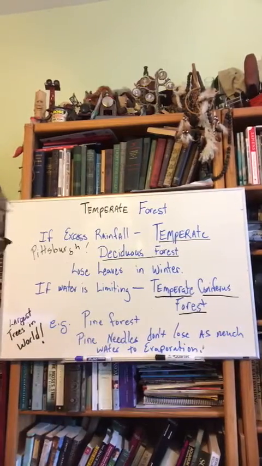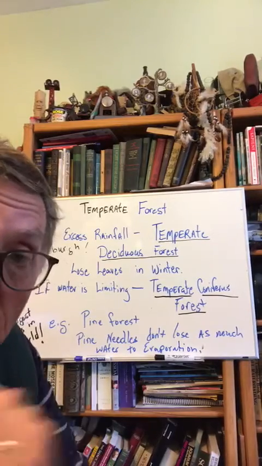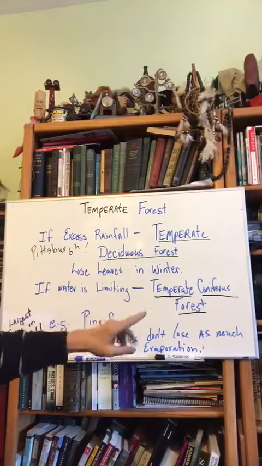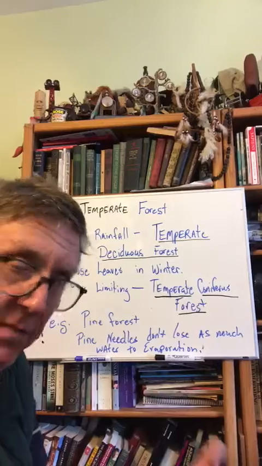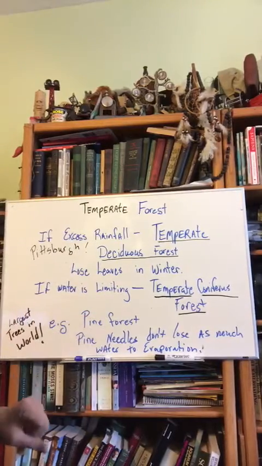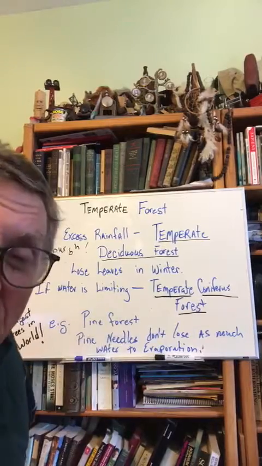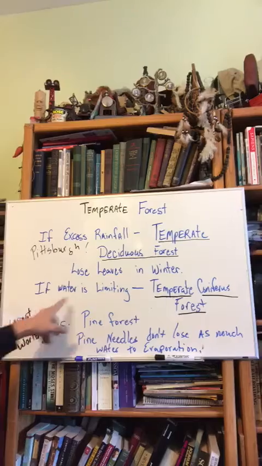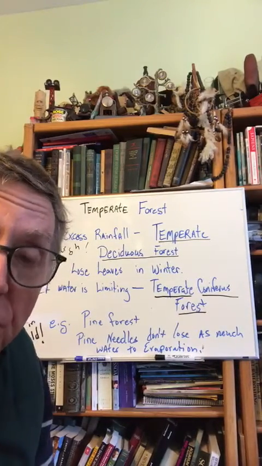Don't let me confuse you. Or redwood or sequoia. These are areas where we have trees that don't lose their leaves. Needles are leaves. They don't lose their needles, and they're resistant to drying out because they have such a small surface area.